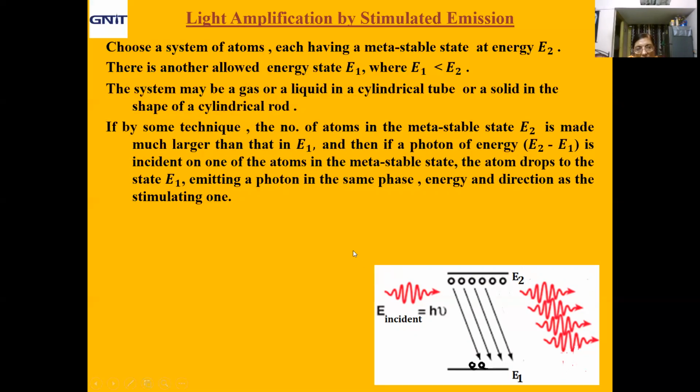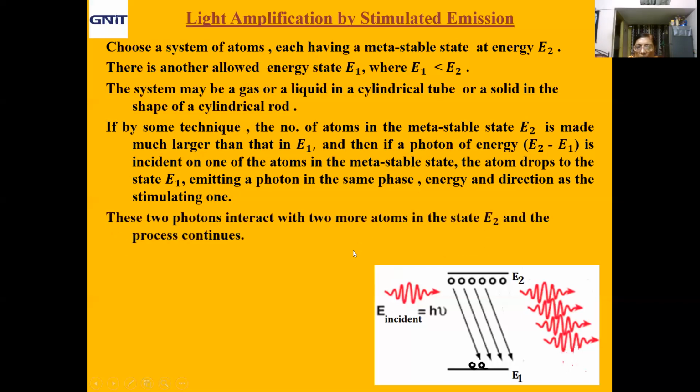Now, these two photons can interact with two more atoms in the higher energy state in the next step. In the next step, the two photons can interact with two more atoms in the state E2, provided the number of atoms in E2 is maintained much larger than E1.